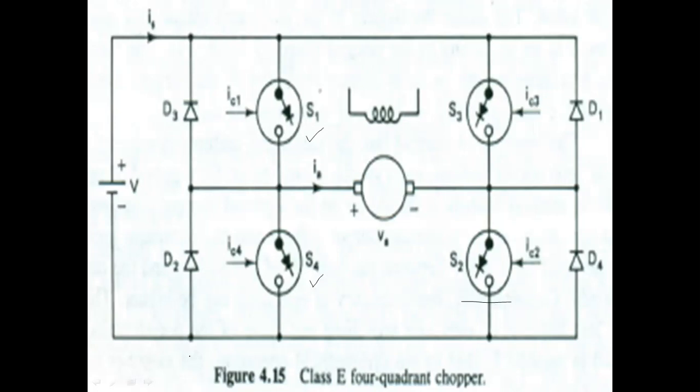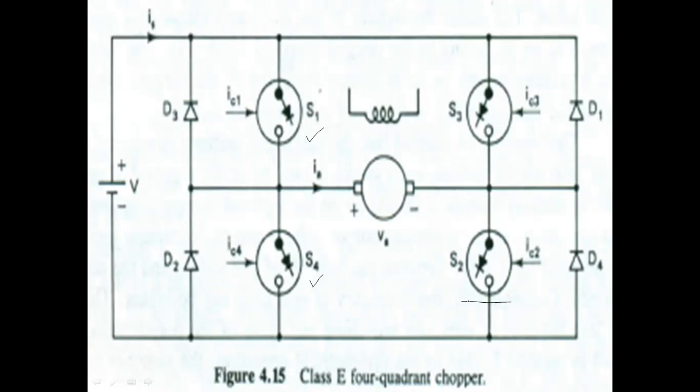Now, this can supply a variable negative terminal voltage, and the armature current will be in either direction. Here the armature current is in the third and fourth quadrants.